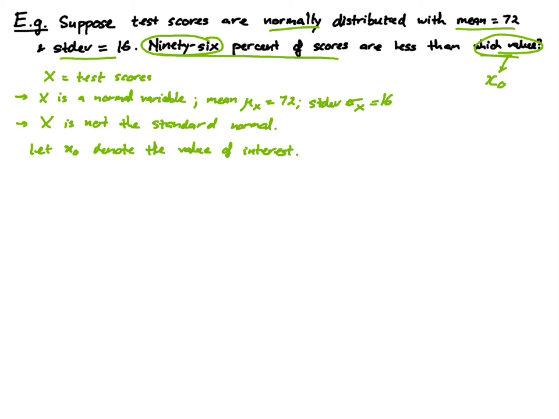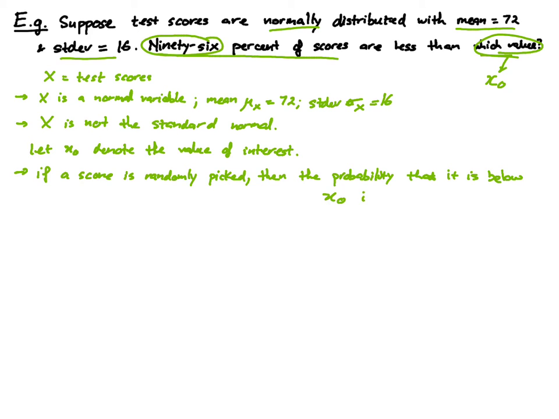Then what the question is saying is that if a score is randomly picked, then the probability that it is below x sub 0 is 96% or 0.96.